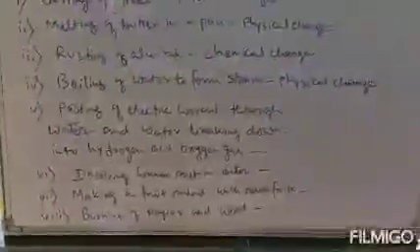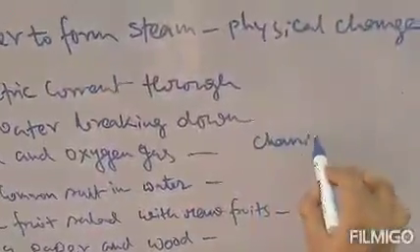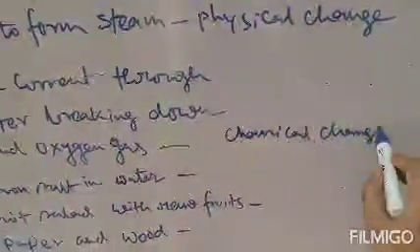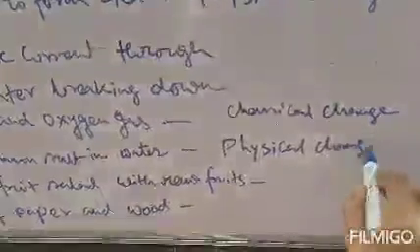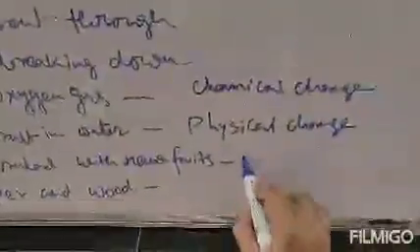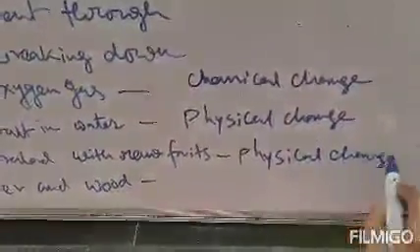Next, passing of electric current through water and water breaking down into hydrogen and oxygen gas, this is a chemical change. Next, dissolving common salt in water, this is physical change. Next, making a fruit salad with raw fruits, this is also physical change. Next, burning of paper and wood, this is chemical change.